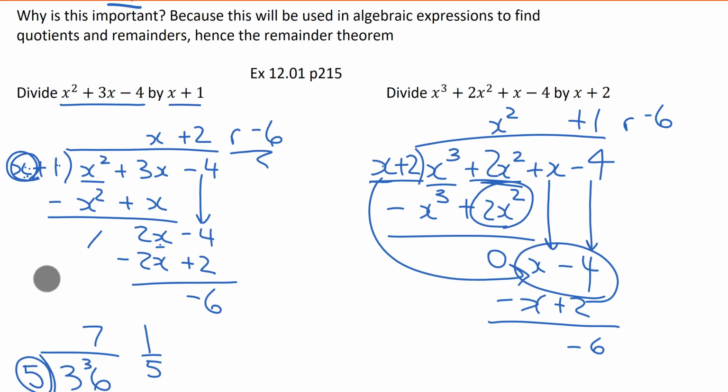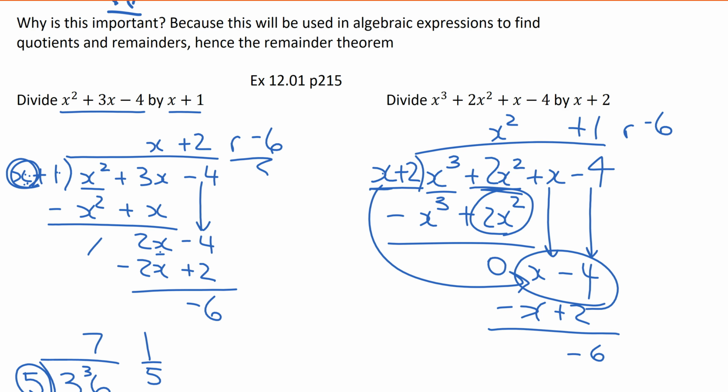So how can we write this again up here? We could actually write this remainder 6 as a fraction like that, couldn't I? And I can write it over here, instead of being x remainder that, it's over x plus 2. Okay?